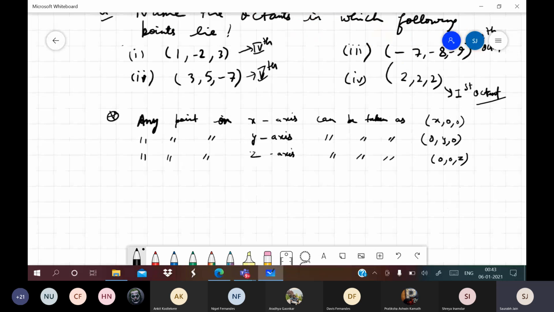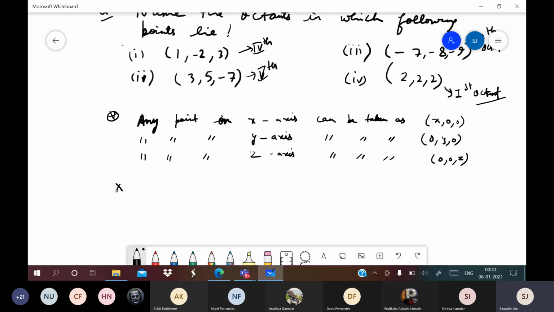This is one thing. It will be of use for you when you are solving questions. Again, any point in the xy plane can be taken as... can anyone tell me? x, y, 0. Yeah, correct. Because if the point is in the xy plane, it will have x and y coordinates.